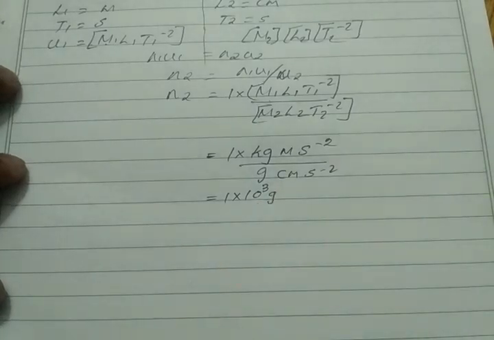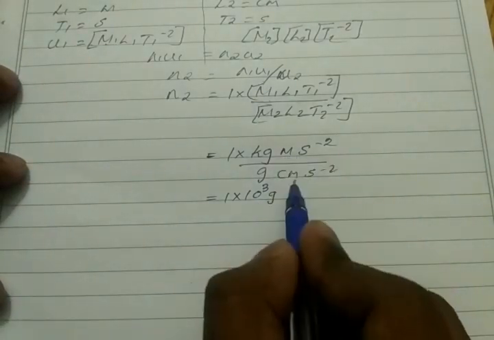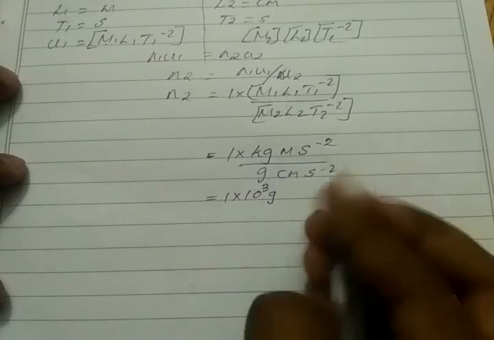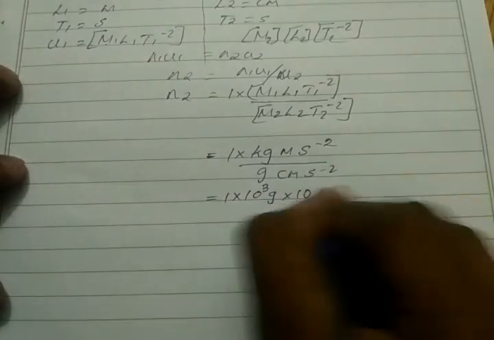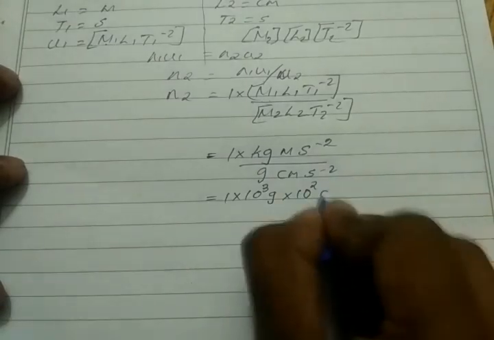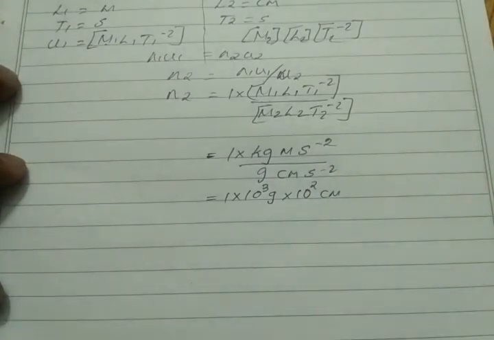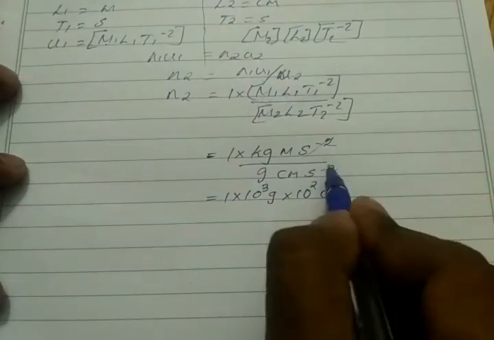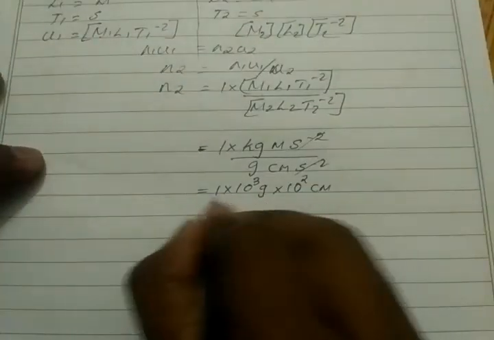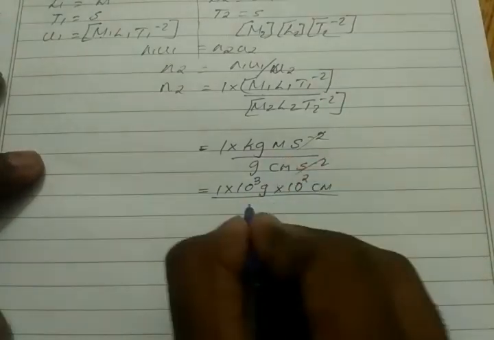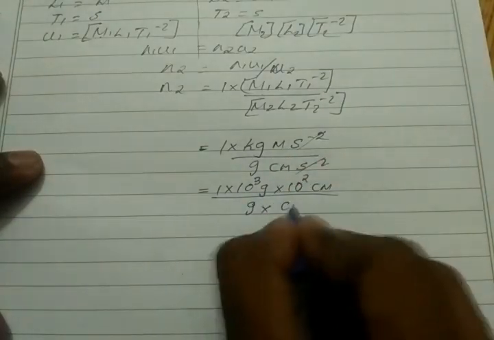Then here we have meter and centimeter. 1 meter equals 100 centimeter, so for 100 I write 10 square centimeter. Then second to the power minus 2 and second to the power minus 2 get cancelled. So this will be divided by 1 gram, 1 centimeter.